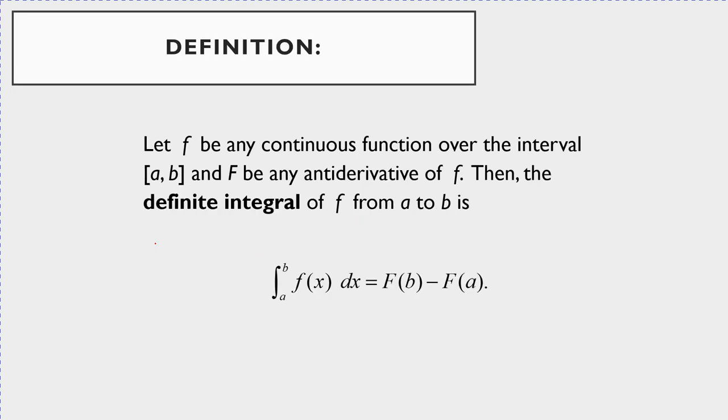So this gives us the following definition, the definition of a definite integral. Let f be a continuous function over the interval from a to b, and let capital F be any antiderivative of f. Then the definite integral of f from a to b is given as the following. These are called the bounds of integration.